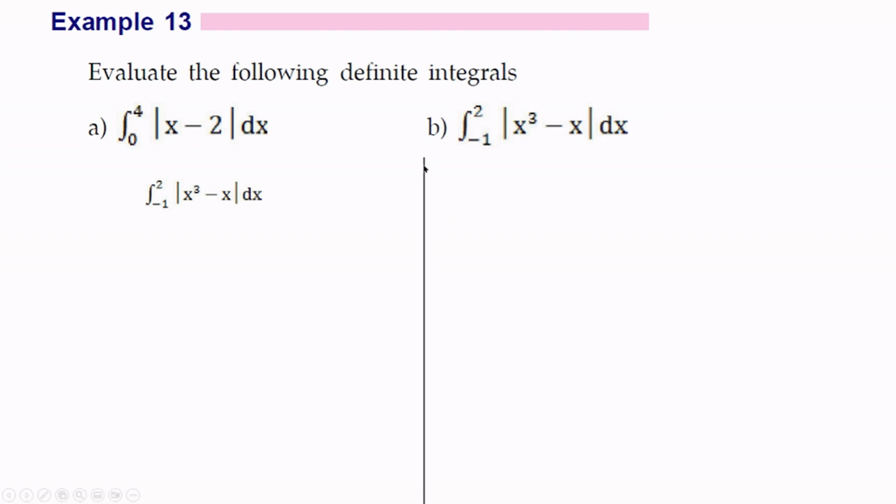Now let us move on to the next subdivision, integral minus 1 to 2 mod (x cube minus x) dx. That is the B part. So let I equal this given integral.